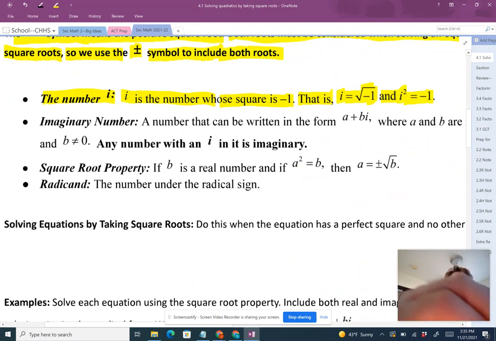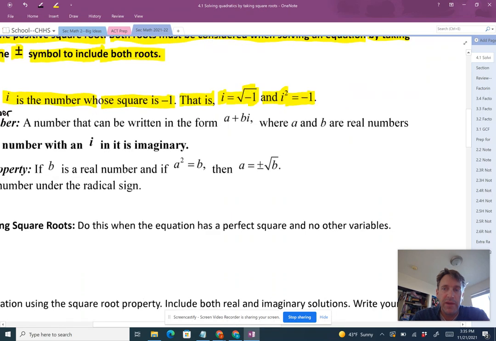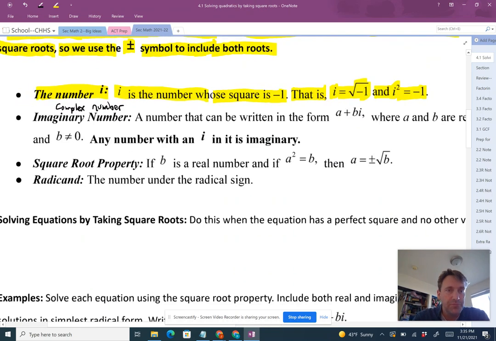So an imaginary number or complex number is a number that can be written in the form a plus bi, where a and b are real numbers and b is not 0. For imaginary numbers, any number with an i in it is imaginary.